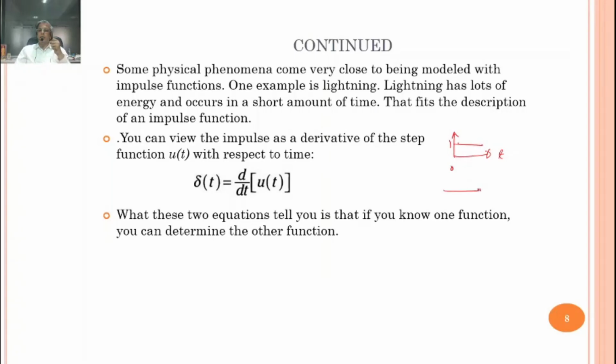Hence if we take the differentiation of this, we get a spike having a very small time period, and after this, as the amplitude is constant, the differentiation of the constant becomes 0. This signal has the impulse signal nature.